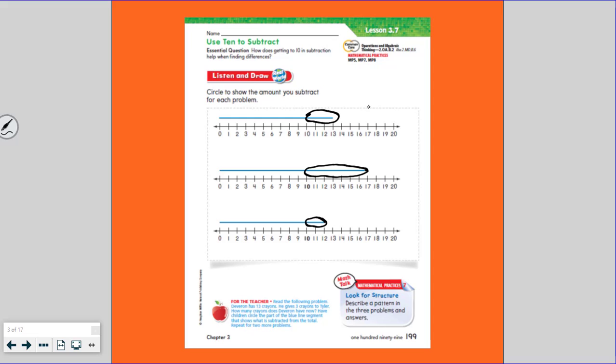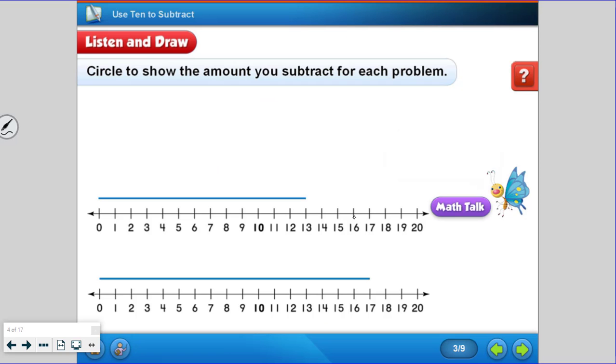So in this one we had 13 and we took some away and we ended at 10, and so we basically took away the 3 ones. With this one we started at 17 and we ended up at 10. We took away the 7 ones. And on this one we started at 12 and took away 2 and we ended at 10, so we took away the 2 ones. Let's continue.